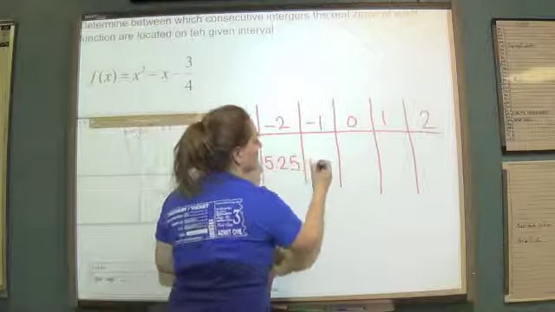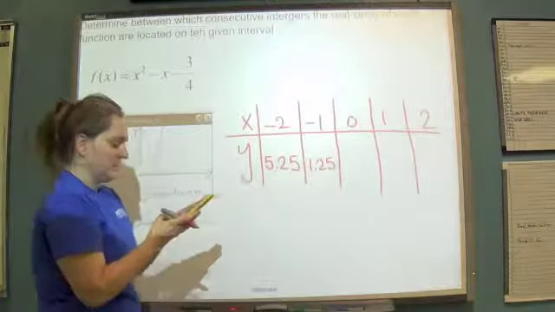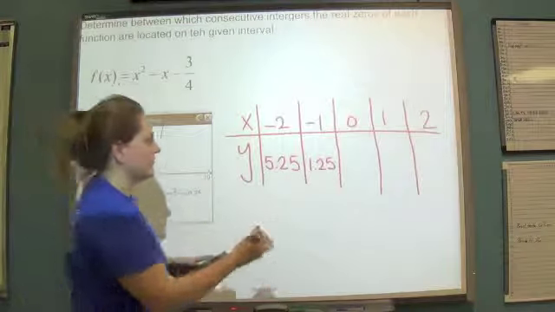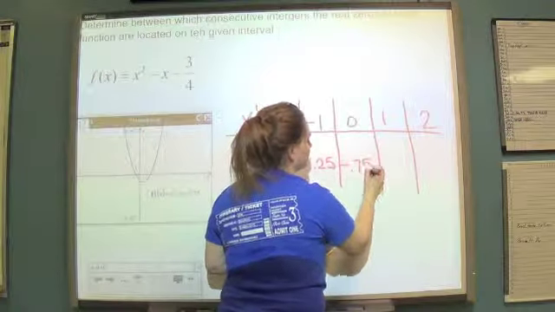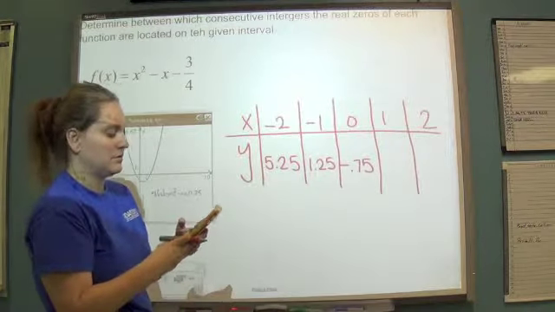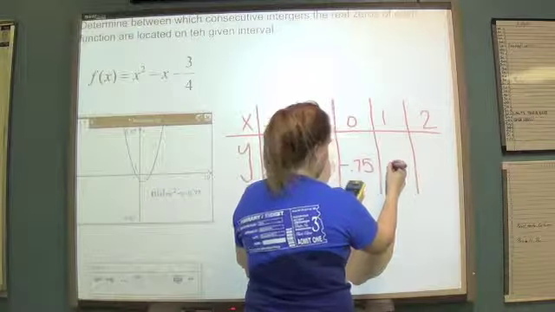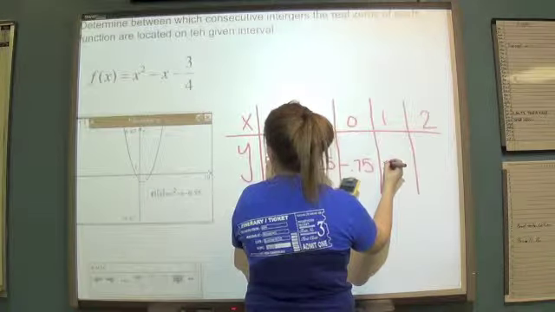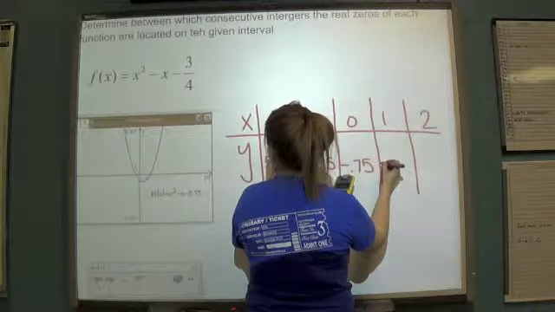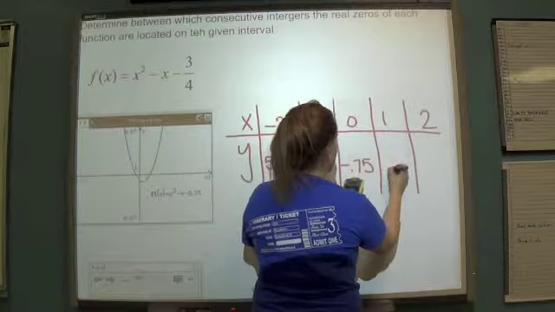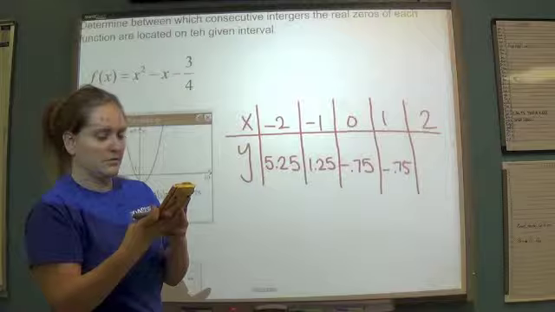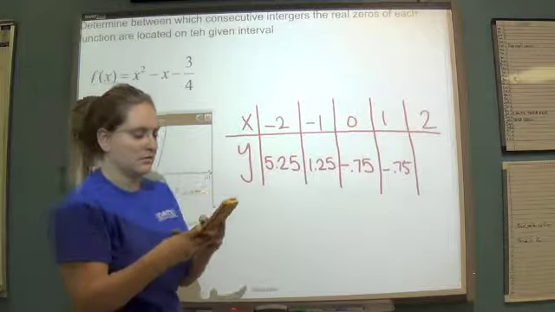And we get 1.25. 0 for x. -0.75. 1 for x. We'll put -0.75, and 2 for x. 1.25.